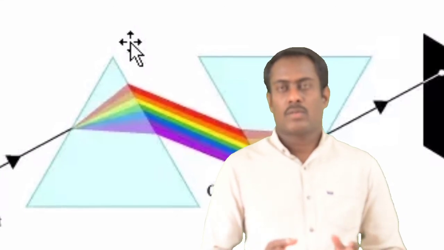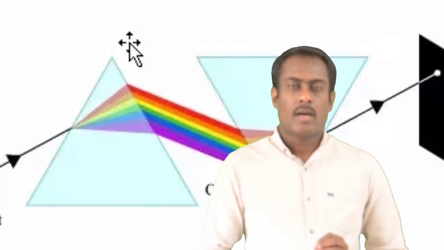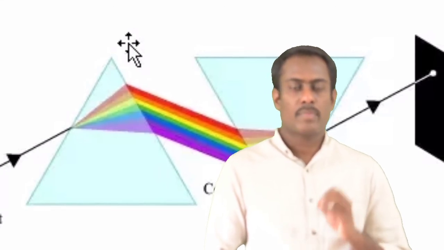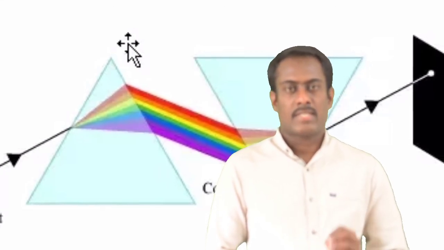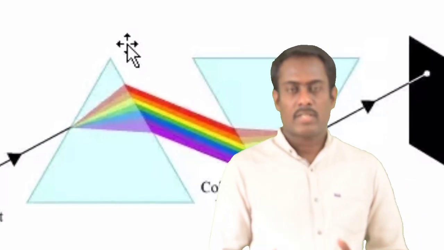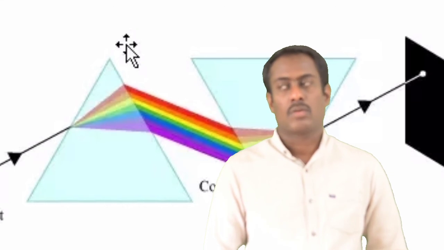A rainbow is always formed against the sunlight, and each water droplet acts as a single prism, so that they refract the light and split the white light into a band of 7 colors, or a spectrum.